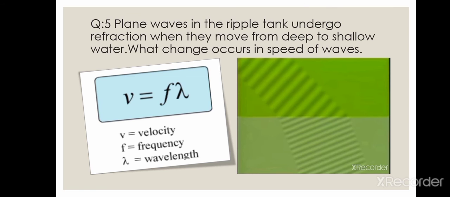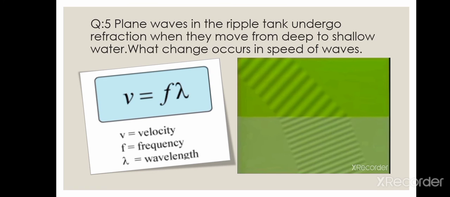Keep it in mind that the frequency is not changed in ripple tank because frequency is the number of waves passing through a point in unit time, and it depends upon the frequency of the vibrator, that was the wooden block that was attached with the motor and was responsible for the disturbance or production of waves in the ripple tank.